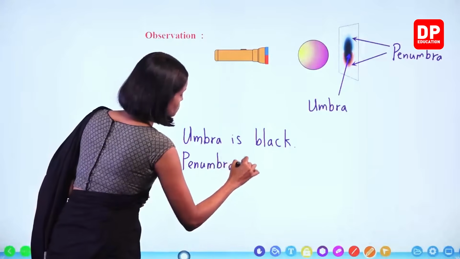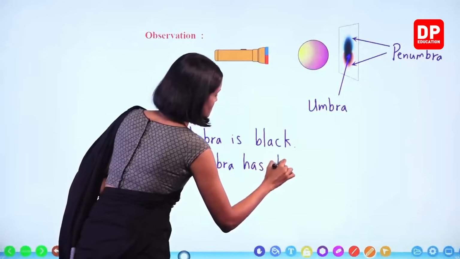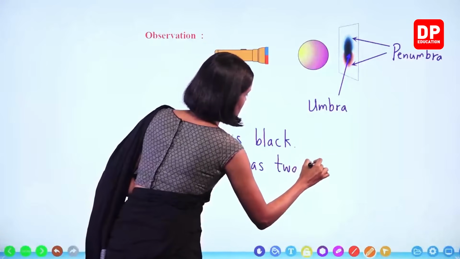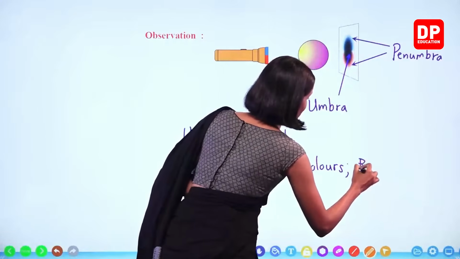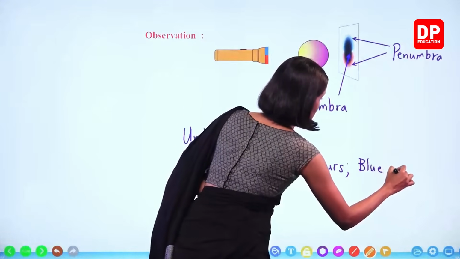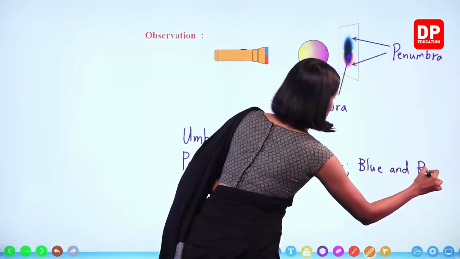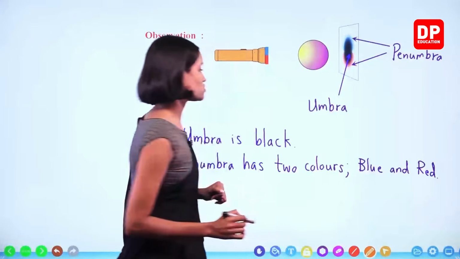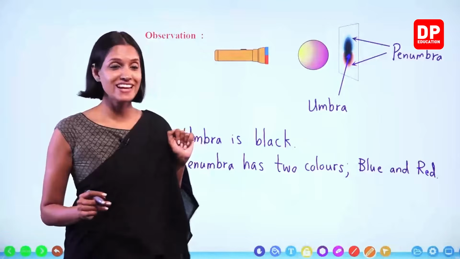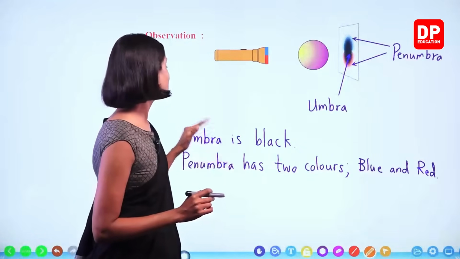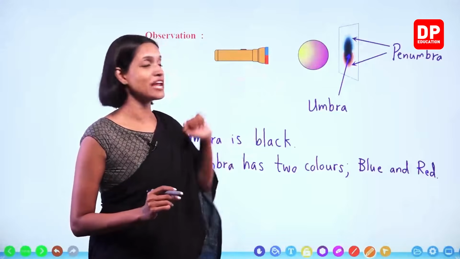Penumbra has two colors, blue and red. Right? So by doing this activity, you can observe the penumbra very clearly. Right, children? So umbra is black. Penumbra has two colors, blue and red.